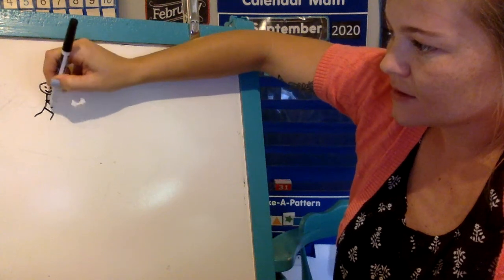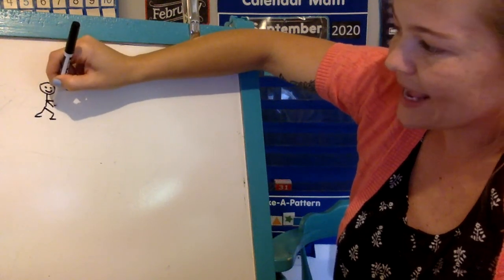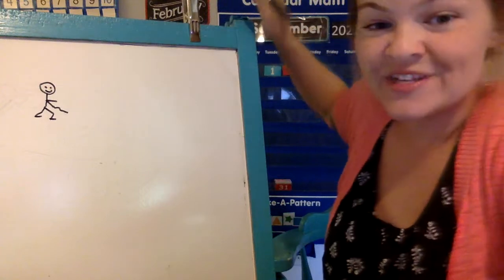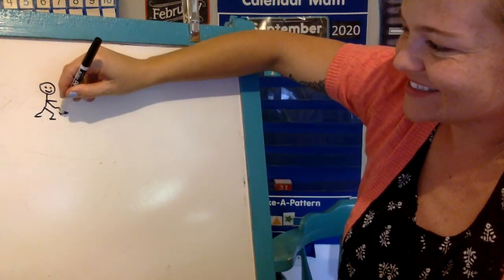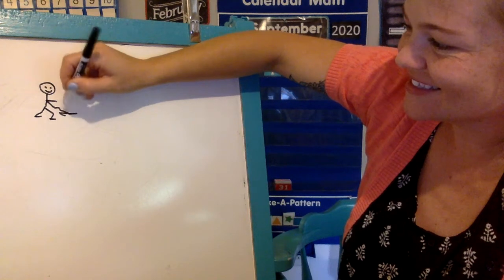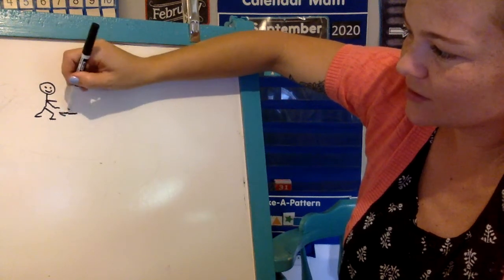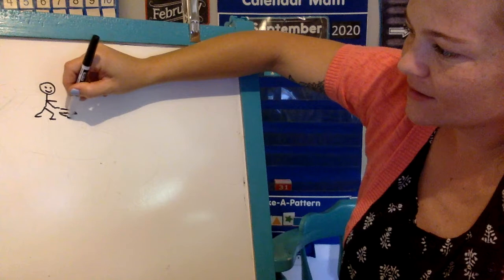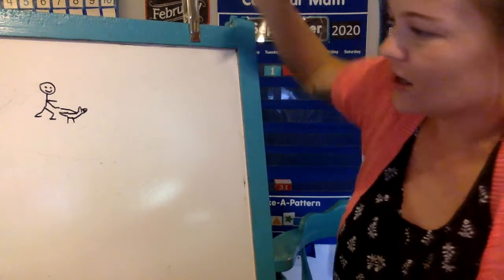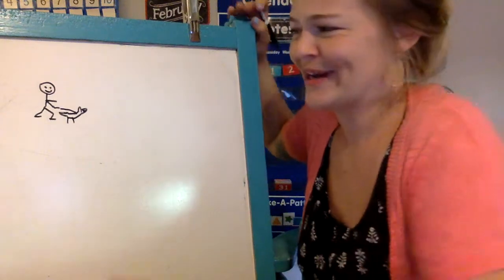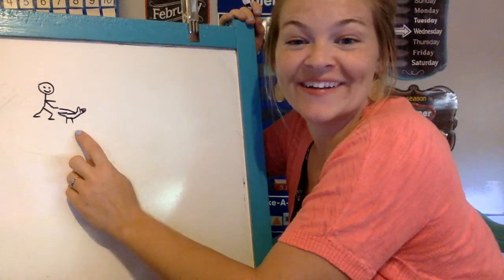Okay, there we go. And this person in my family is carrying the leash. And then I'll draw the little dog. Okay, and that's supposed to be my dog. Does that kind of look like a dog? There's walking the dog, okay?